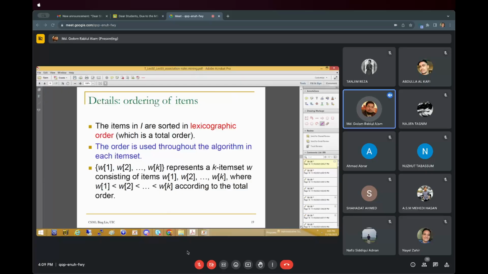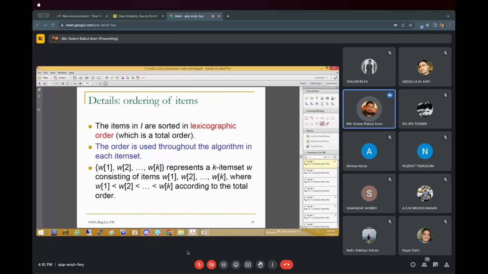So here ordering, as I already mentioned, the order matters here. That means you can order your items using the lexicographic order. Lexicographic order means kind of dictionary or alphabetic order. So if we have the item set with string values, then we have to think about lexicographic order, that is alphabetic order.